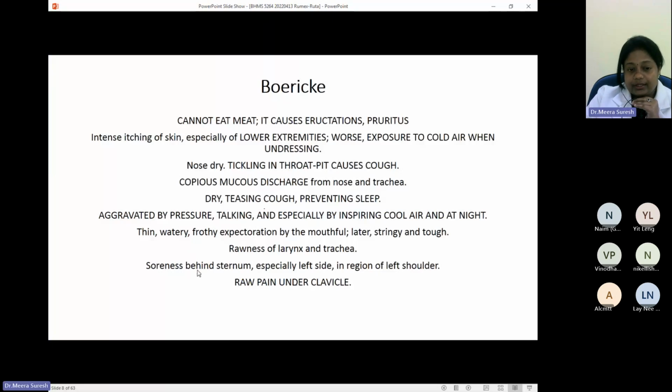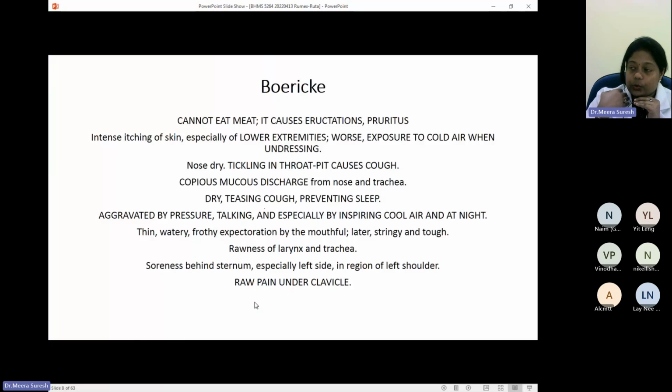Then Emboric says there is soreness also, but more than soreness, as we told in this one, what is that? Allen's skin knot. We stick with the rawness, and that raw sensation is under the clavicle. In Clarke, I think, or in Kent, I don't know whether I have kept it over here, because exam wise it doesn't matter much.